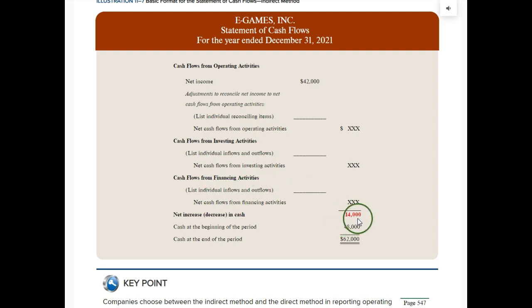So this is the overall increase in cash. These three numbers, when we finally come up with them in a few minutes, will need to net out to a $14,000 increase. And then when we take the $14,000 and add it to the beginning cash, we'll get the ending cash. I want to show you this again. Let me go up. So 14, 48, 62.